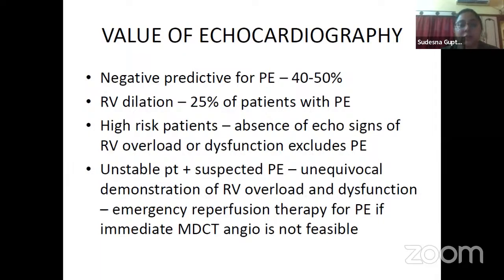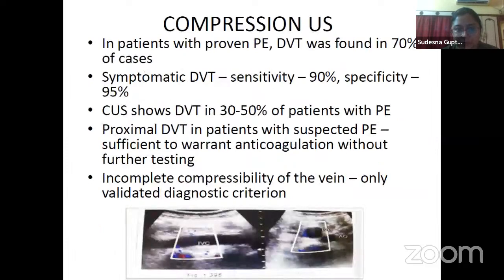And echocardiography holds the most important clinical diagnostic role when the patient is unstable and I am suspecting a PE, where unequivocal demonstration of RV overload and dysfunction can help me start emergency reperfusion therapy because the patient is too unstable to undergo MDCT angio.